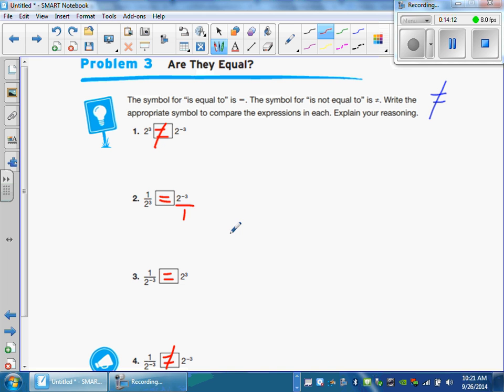You can have it over 1, and what you would do is move this negative exponent down to the bottom, and it would become positive. So that's kind of how we flip-flopped between those two. Same thing here, the negative exponent was on the bottom, so we moved it to the top. They are the same, or they are equal. And this one, in this case, no, they're not, because the exponent on top is still negative in this situation.